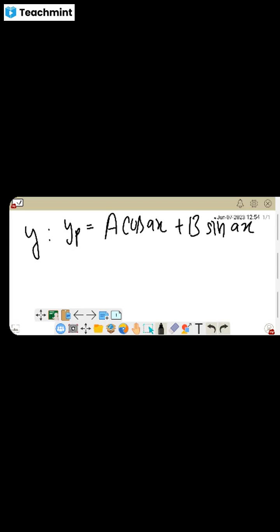So now let us find y dash. Then we differentiate it. Then we have minus a sin ax by using the chain rule, because the differentiation of cos ax gives minus a sin ax.